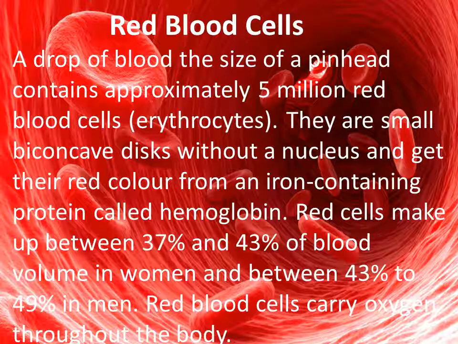Now, as I have told you, these red blood cells are biconcave disc-like structures and they do not have a nucleus. And how do they become red? They become red from an iron-containing protein called hemoglobin. When hemoglobin combines with these erythrocytes, they get their red color.